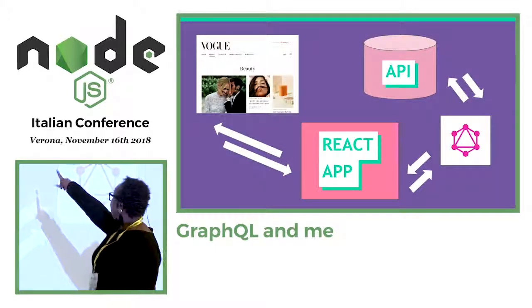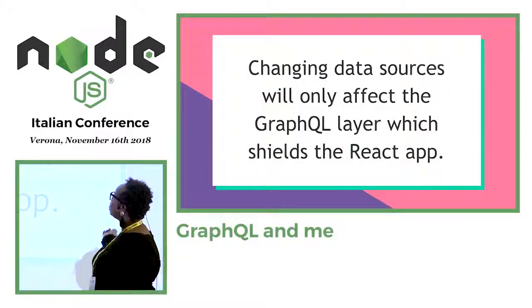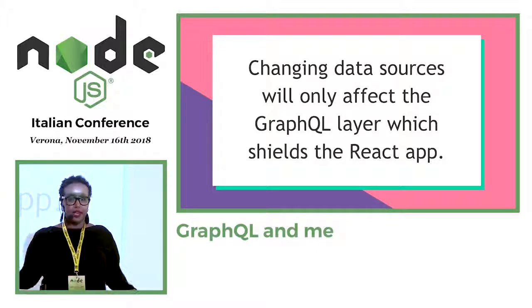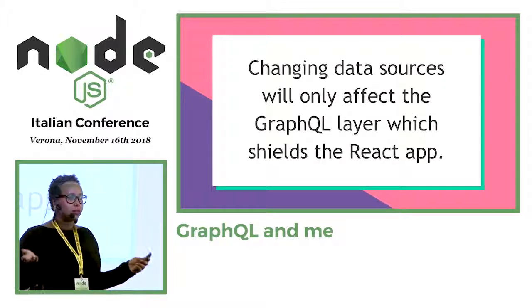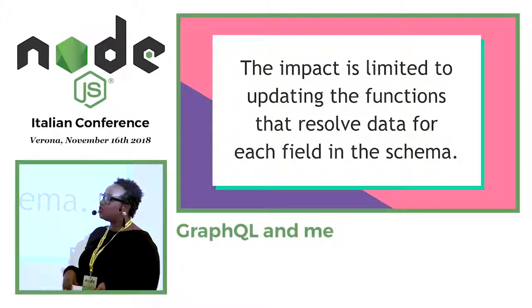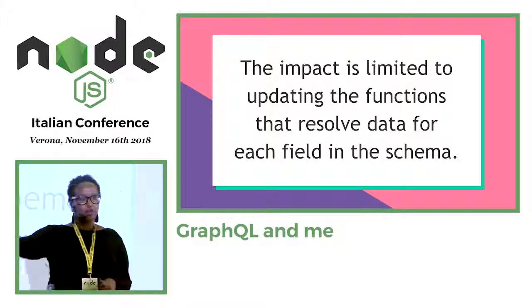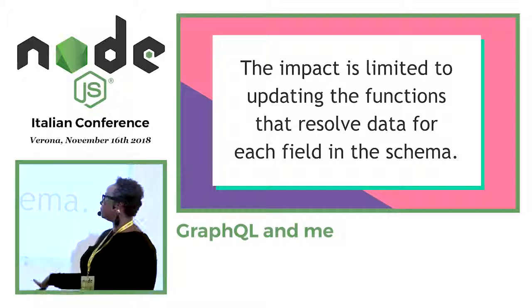If this pink API changes to a red API, the change of data source only affects our GraphQL layer. And our React application is shielded from this. So the impact is really just that the field in our schema was resolved to a different data source than it previously was.